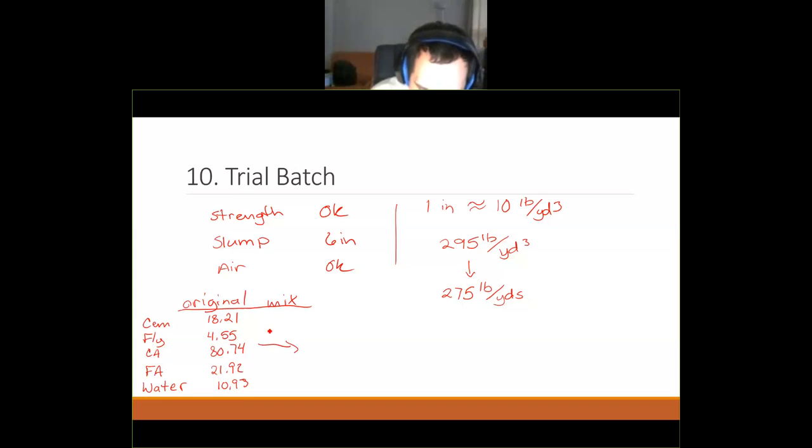Okay. And then we go to actual conditions. And that changed our cement not at all. All it did was change our aggregate, which our coarse aggregate went to 80.33.